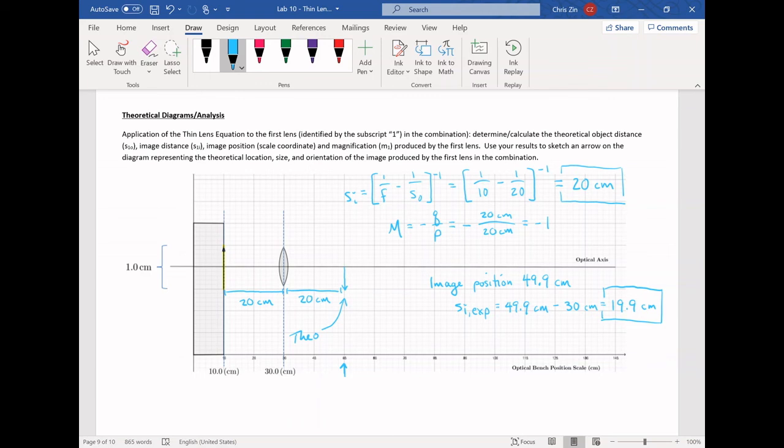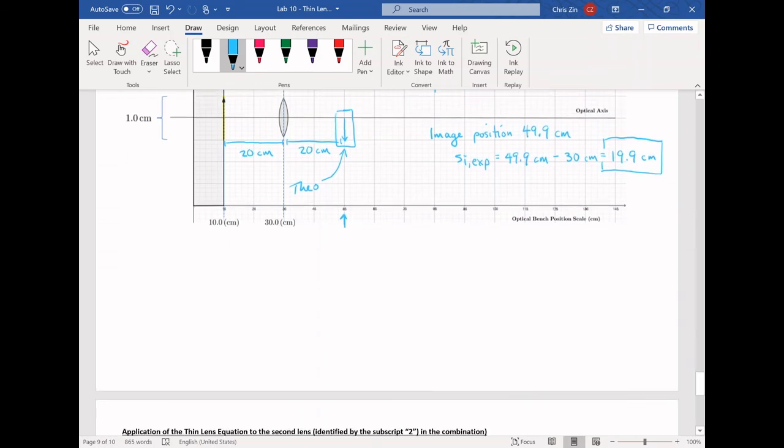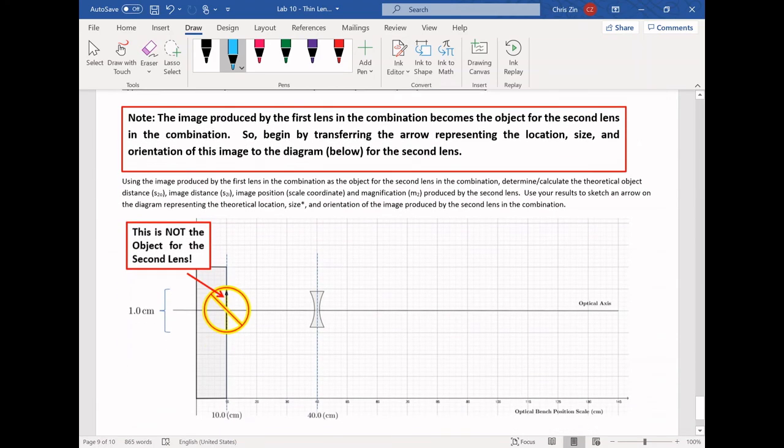To do that, I take this result we got for the first lens and I transfer it down to this diagram right here. So I've copied that exactly from that top diagram into this diagram. The image was at 50 centimeters and it had a height of half a centimeter in this case.